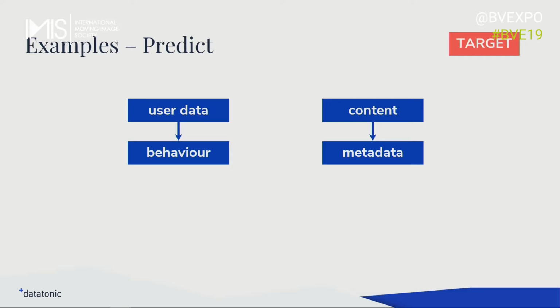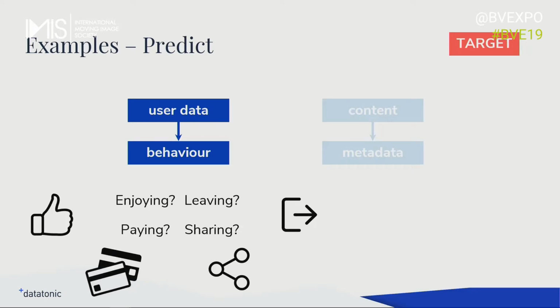Well, about your users, you might want to be able to understand their behavior. So we're talking about, do they enjoy the content you're serving to them? Will they pay for it? Will they share it? Or will they just leave? And hopefully once you've predicted that, you can take some sort of action that leverages that knowledge.